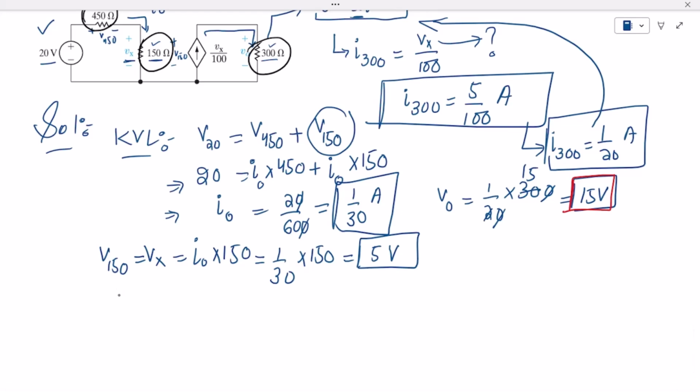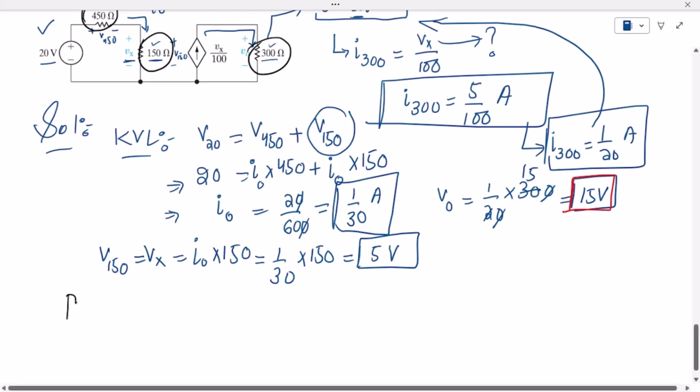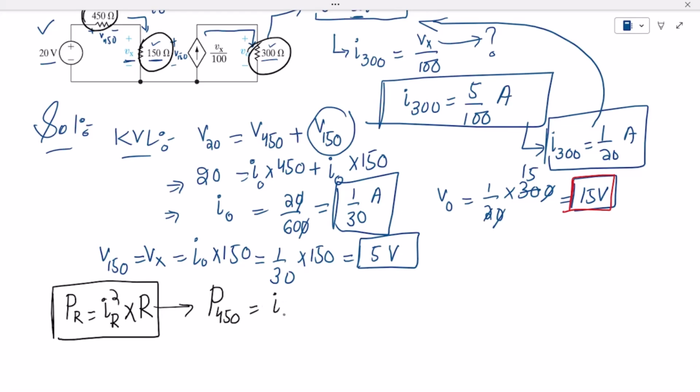Now here, in order to find the power across any resistor, we know the formula: I squared R, that is I square multiplied by the value of that resistor. So if I want to find the power across the 450 ohm resistor, I will need the current flowing through it, squaring it and multiplying by its value.